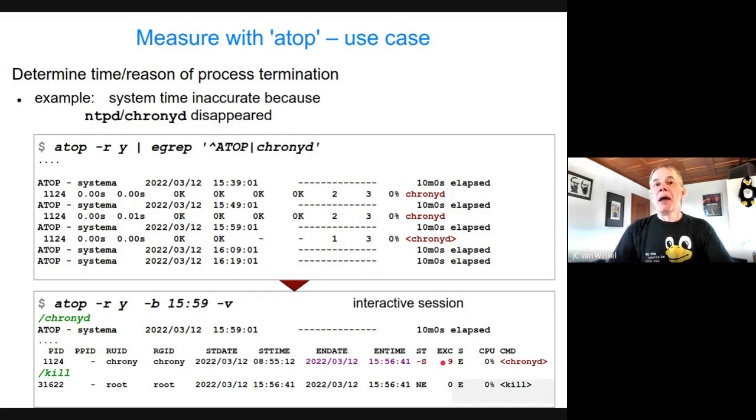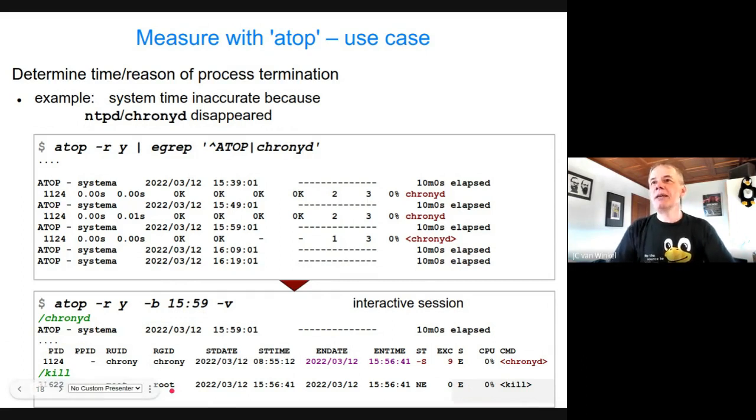Huh. It so happens that at exactly the same time, when we search for kill, we see that indeed the kill command was used. We don't see the parameter list because the process accounting doesn't keep the parameter list, but we see that kill was started at exactly the same timestamp, and it was started by root.